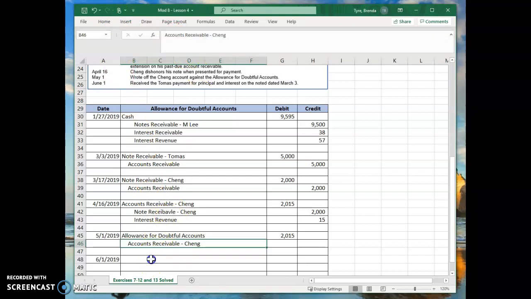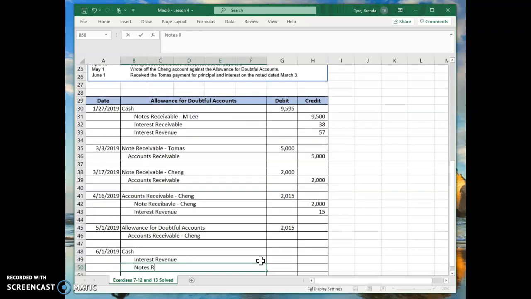On the 1st of June, we received the payment from Thomas of principal and interest on the note dated March 3rd. So paid on time. So here we know again that we have cash, we have interest revenue, and we have the notes receivable for Thomas. And that amount is the 5,000.